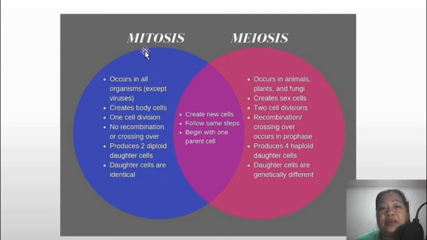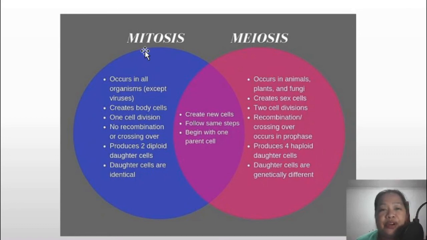Mitosis creates body cells, while meiosis creates gametes. So mitosis produces somatic cells or body cells, while meiosis produces gametes.